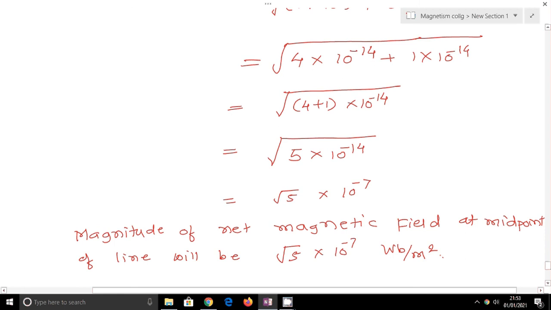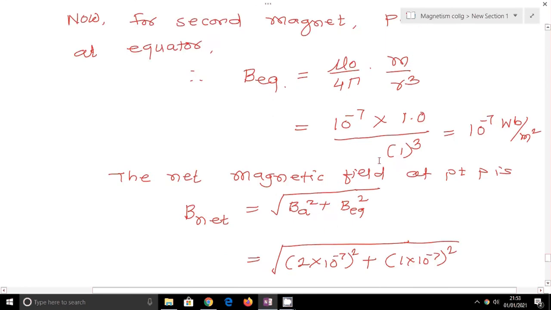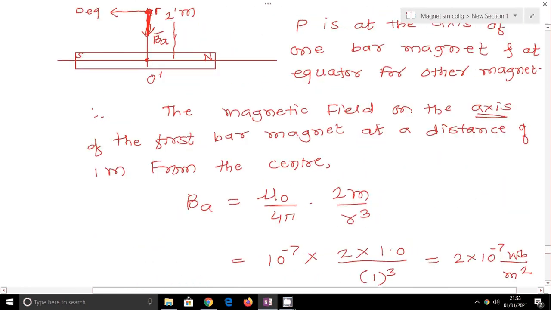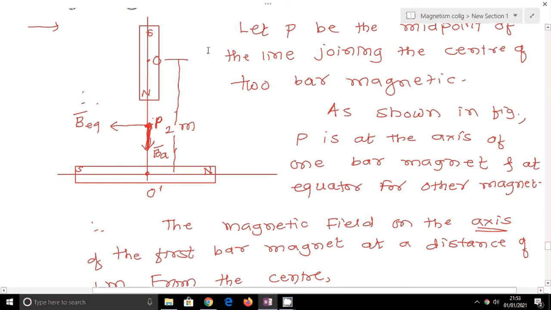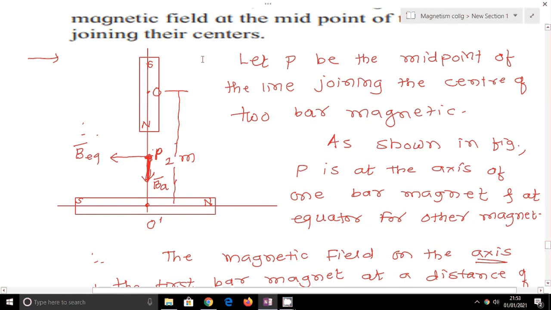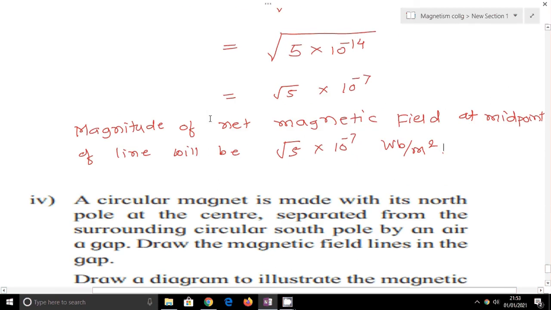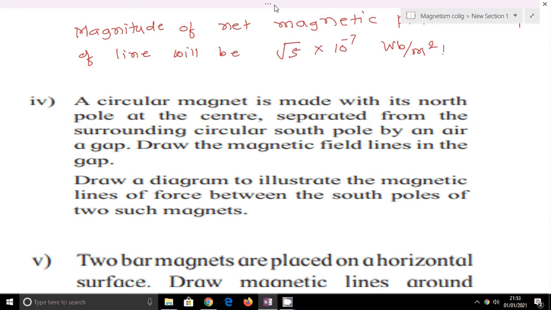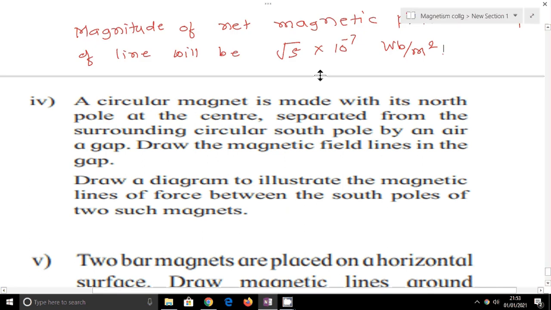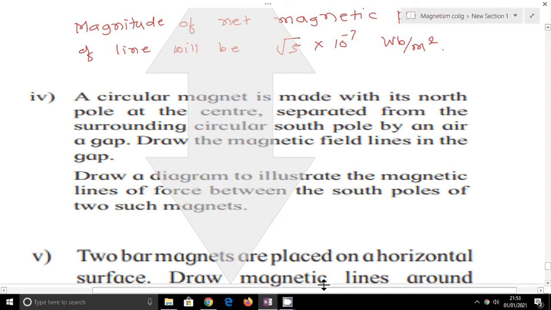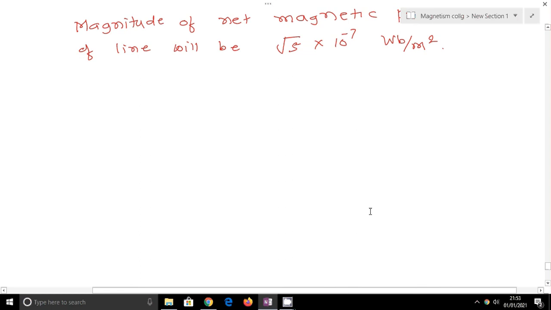In this example, I showed you the two magnets placed in such a direction. Instead of this, we can change the position of the magnets: we place the two magnets the other way, but the axes of the two magnets must be perpendicular to each other. Here I take the first magnet horizontal, and in the diagram I take the second magnet vertical.